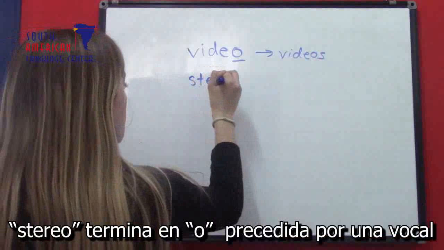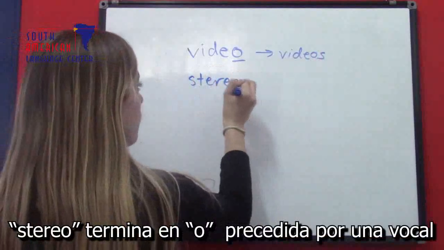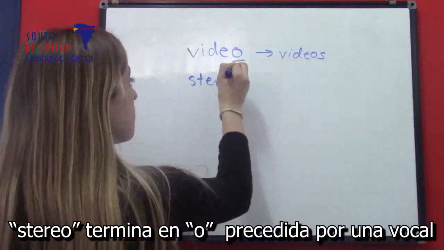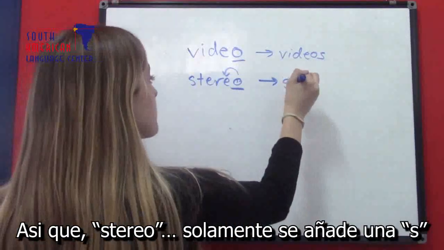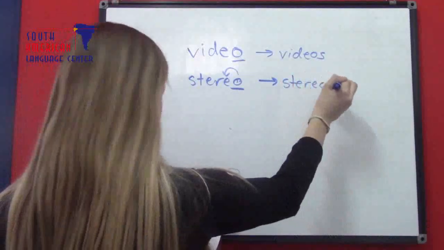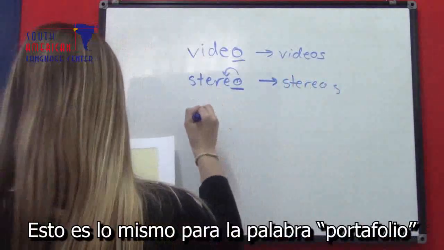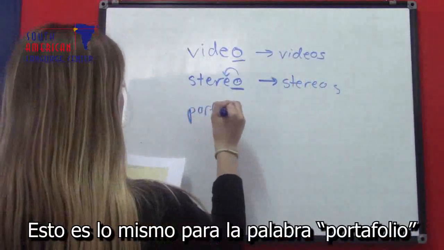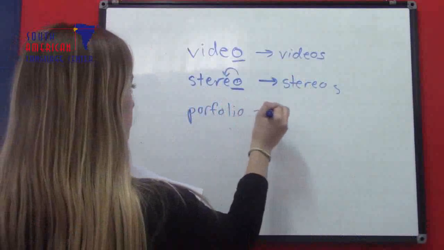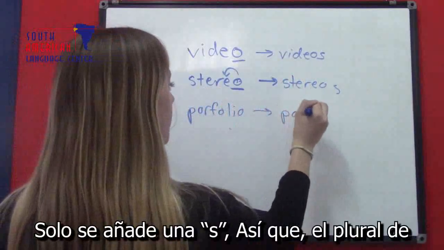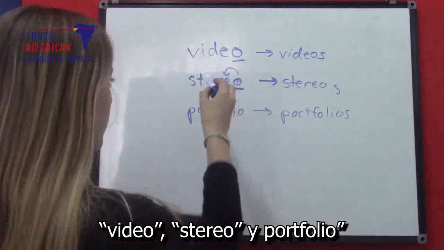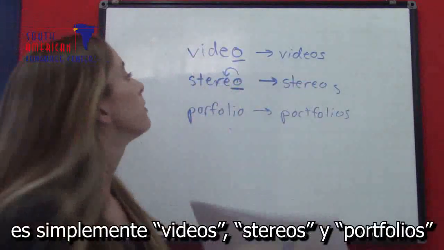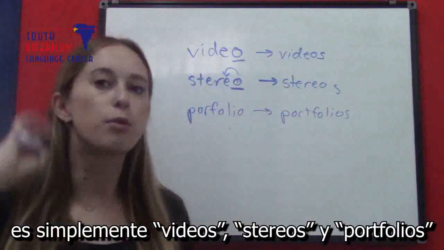Stereo ends in an O, which is preceded by a vowel. So stereo, you just add S. This is the same for the word portfolio. You just add an S. So the plural of video, stereo, and portfolio is just videos, stereos, and portfolios.